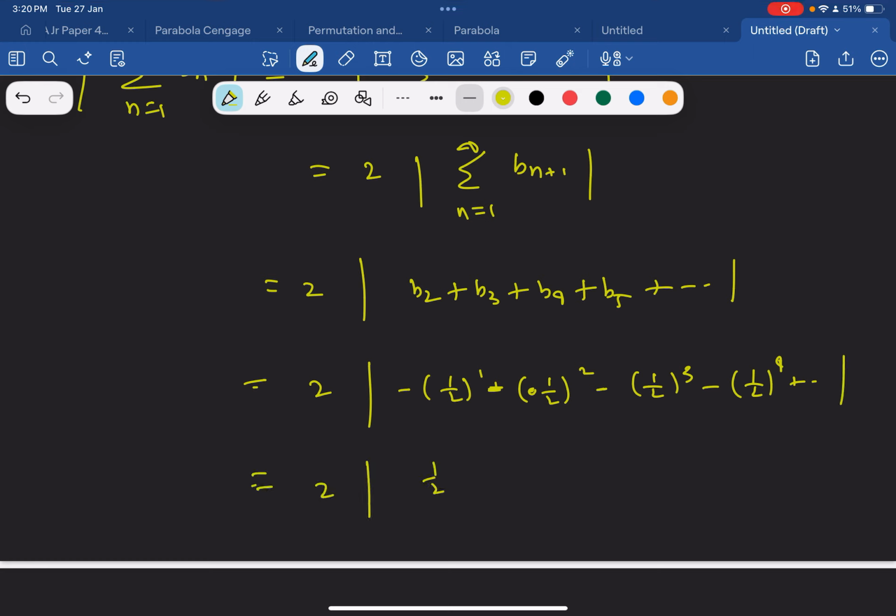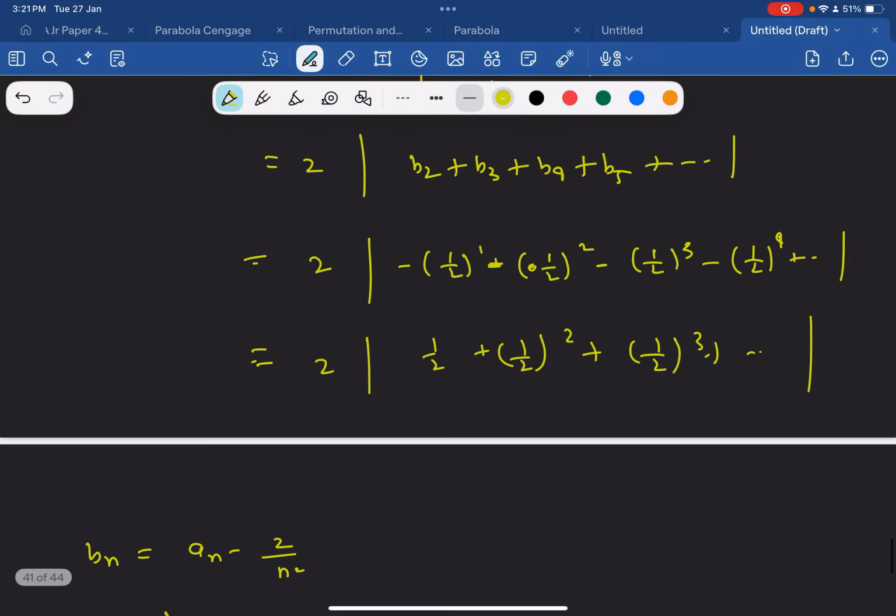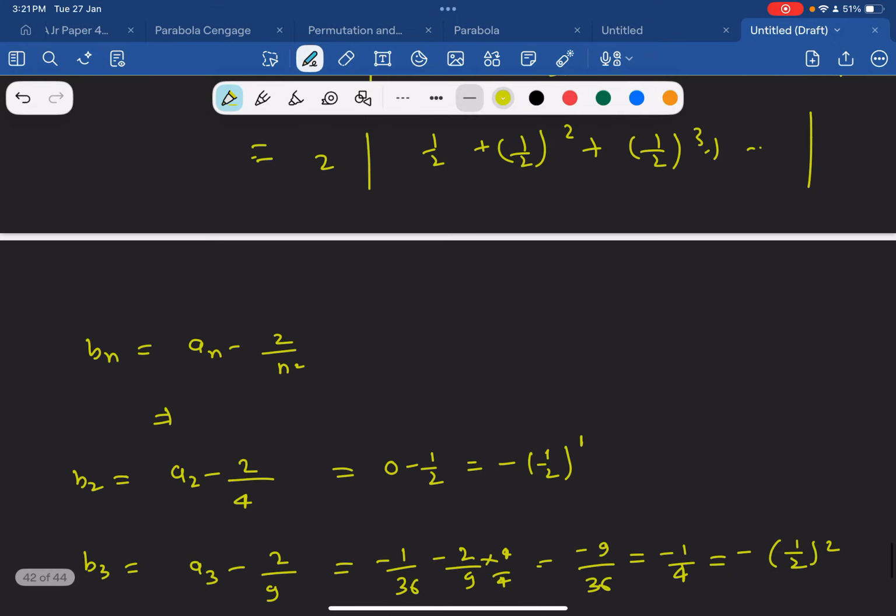So we can take the minus out, since in the modulus everything will become plus. So 1 by 2 plus 1 by 2 whole square plus 1 by 2 whole cube, and this will continue, correct? So it's in GP.